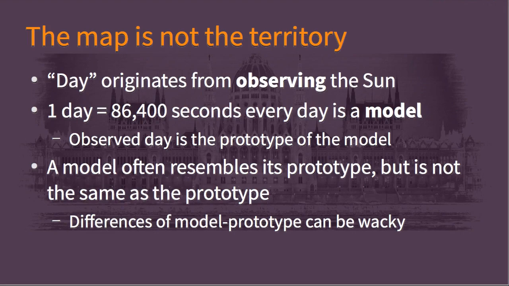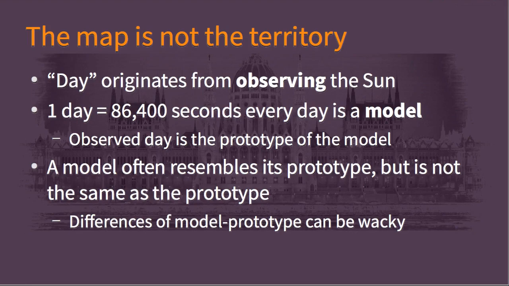The theme of this talk is about models and the prototype that the model is based on, that we get from observation. The map is not the territory. The concept of day originates from observing the sun, and that's the fundamental phenomenon.